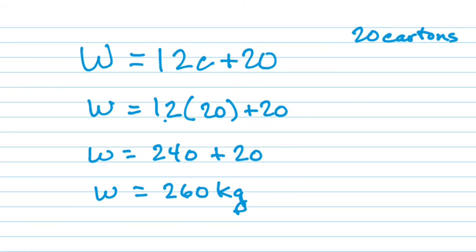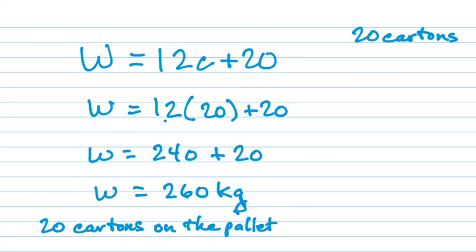Now, in this particular case, if you were told to write this out in words, you would say that 20 cartons on the pallet. Why do I need to mention the pallet? Because the pallet has weight too. And the pallet's weight is added into our formula, isn't it?